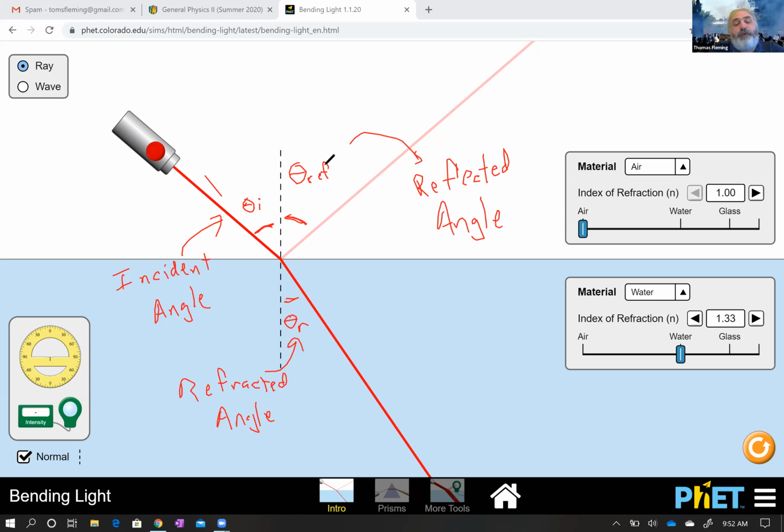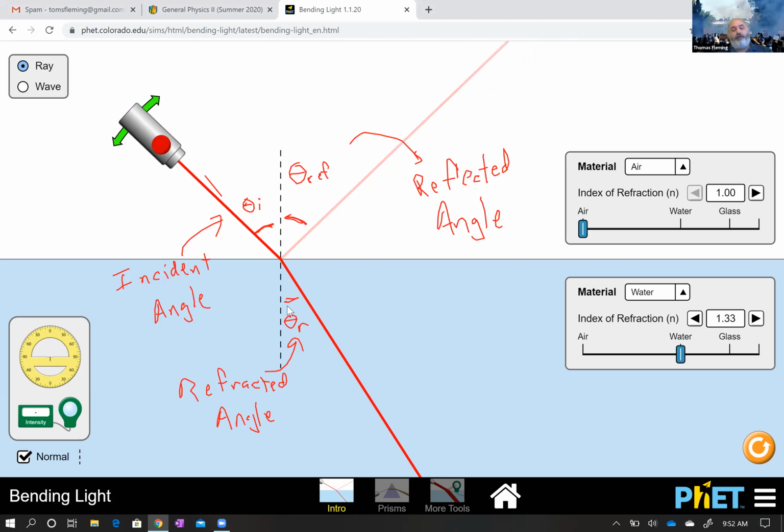All we need to do now is figure out what sort of math underlies how those various angles interact with each other. Because clearly, as I move my laser around and change the angle of incidence, I will also be changing the angles of reflection or refraction very similarly. So for that, I need to shift my share so that I can draw.